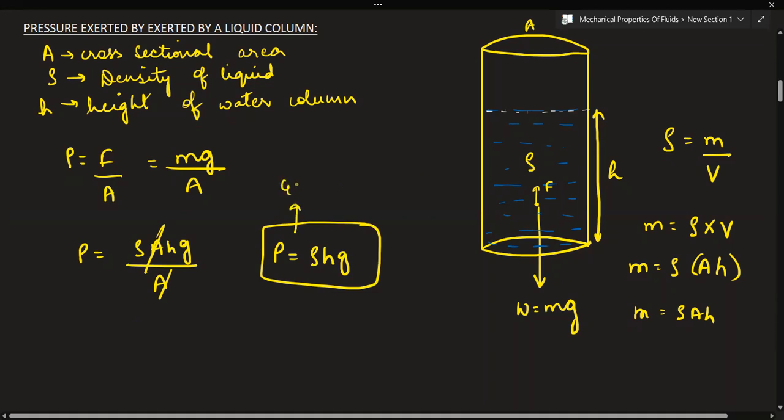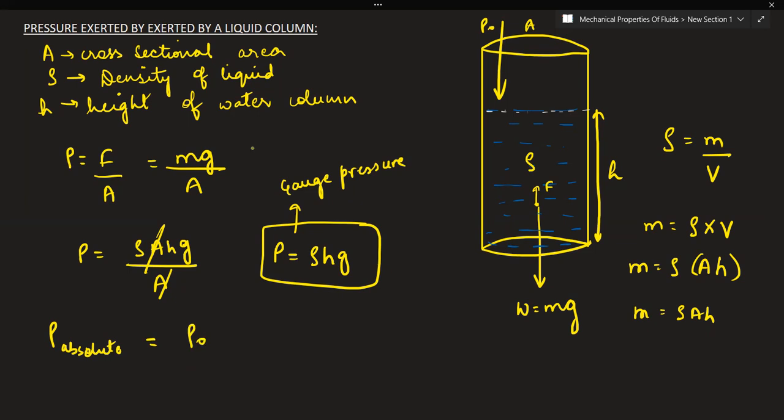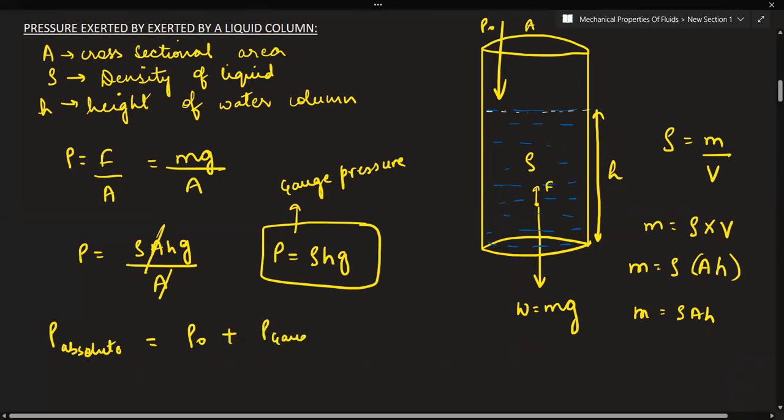So this is the value of the pressure exerted by the liquid column only, and this pressure is also called gauge pressure. Gauge pressure is the pressure exerted by the liquid column. Now see, whenever the vessel is open or we are considering the absolute pressure, one atmospheric pressure will also be there. The atmosphere above the surface of the liquid will also exert its pressure. So the absolute pressure would not solely be the gauge pressure. Absolute pressure would be the sum of the atmospheric pressure plus the gauge pressure.